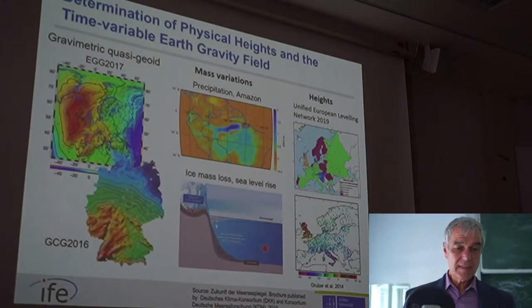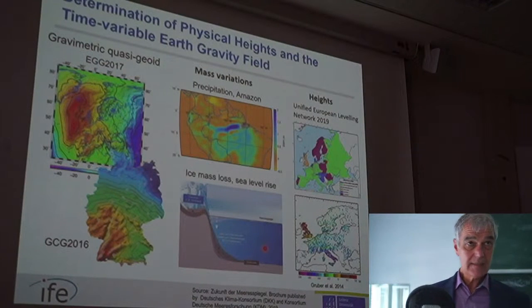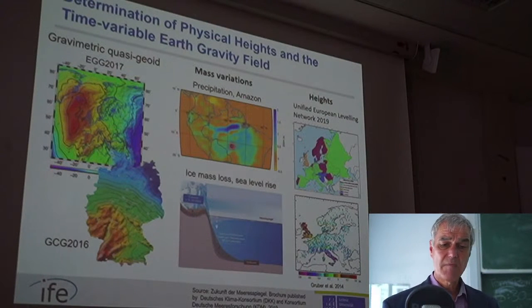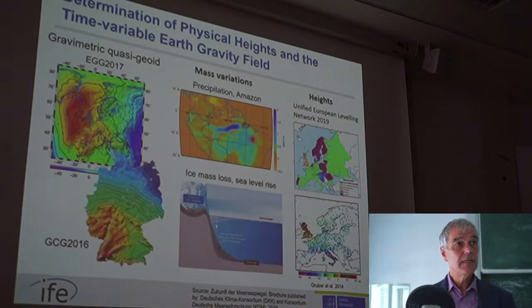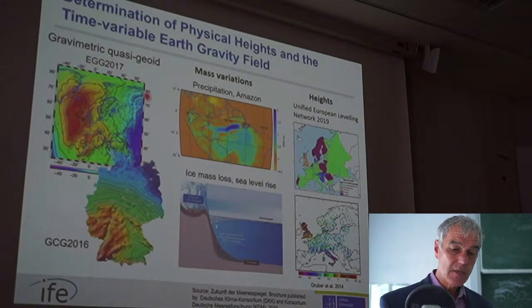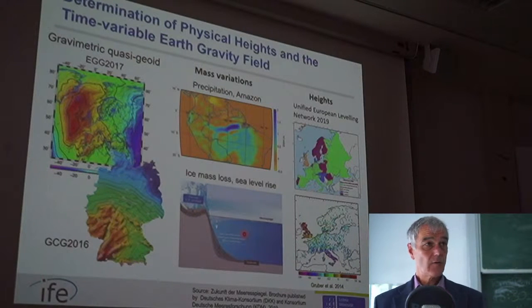And the other things are illustrated here, because the gravity field is not constant. We have mass variations. That means also the attraction of the mass changes. One example is that you have some mass changes due to precipitation in the seasons, for example, in the Amazon, but more prominent might be the ice mass loss in Greenland and the related sea level rise. And all of this is related to mass changes.